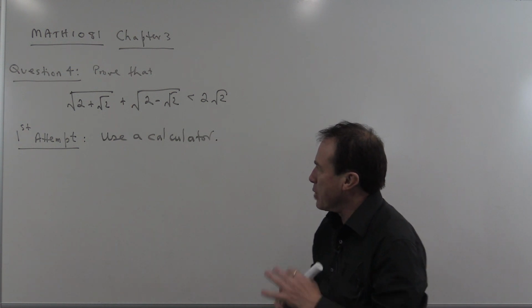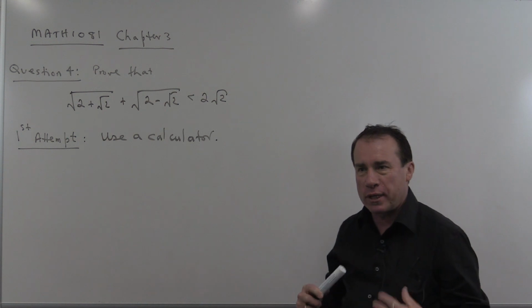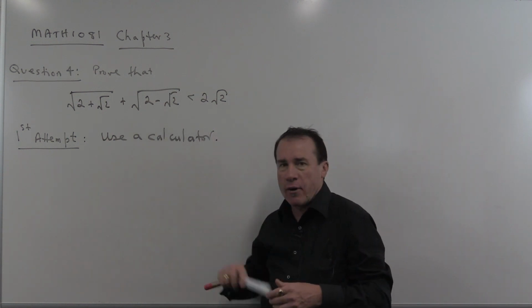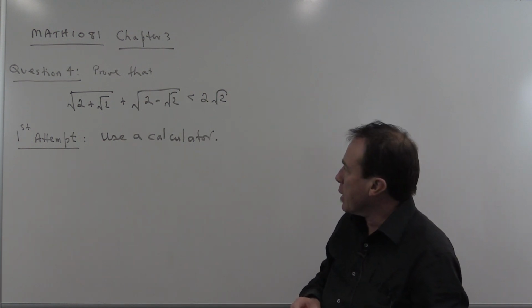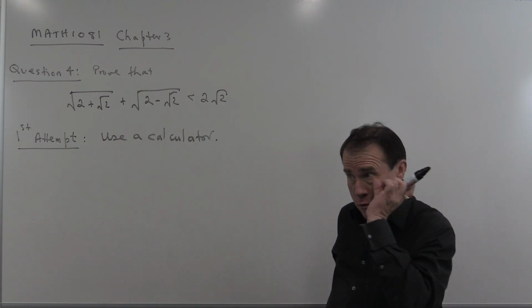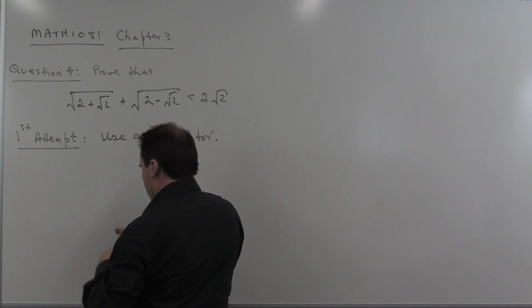And in fact, mathematicians often argue about whether one is allowed to use computation, some computer program, or even a calculator as part of a mathematical proof. Well, despite what various arguments for and against that, in this course, this is going to be worth no marks.